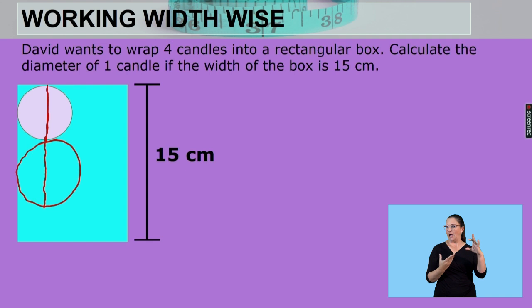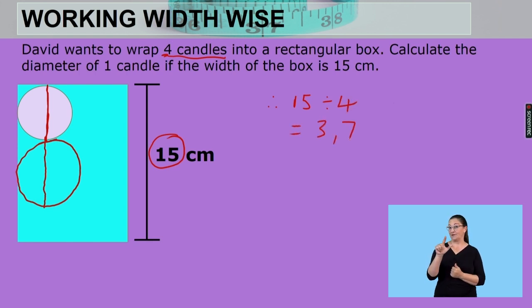And how many of these candles do we have? We have 4 candles. So we have 4 diameters in length that are next to each other. Do you see that? So how do I calculate this? What I've got to realize is each one of those takes a part out of the 15. Therefore, 15 divided by 4, and that gives me 3,75.